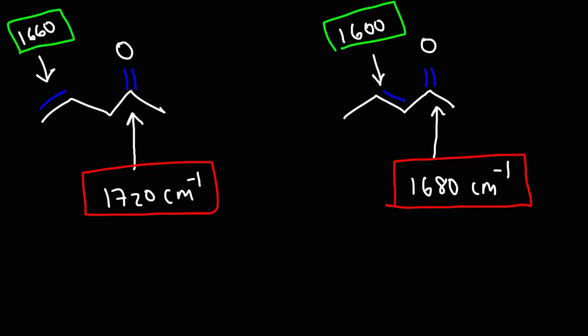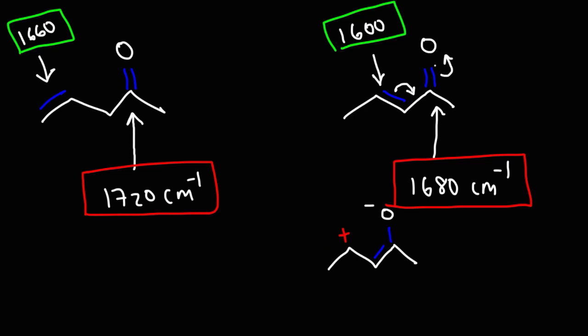Now, it helps to remember something if you understand a reason why. Remember, we said that double bonds absorb energy at a higher wave number than single bonds. Let's look at the conjugated ketone. If we draw the resonance structure, we can put a single bond on that ketone. Let me color code this. And now we'll have a positive charge here.